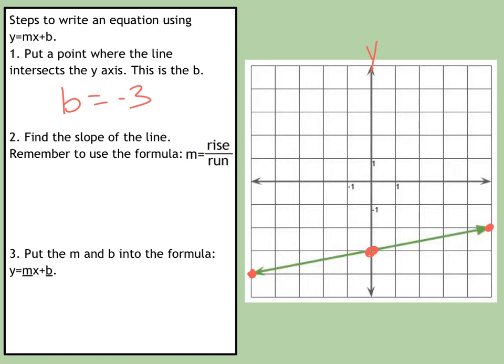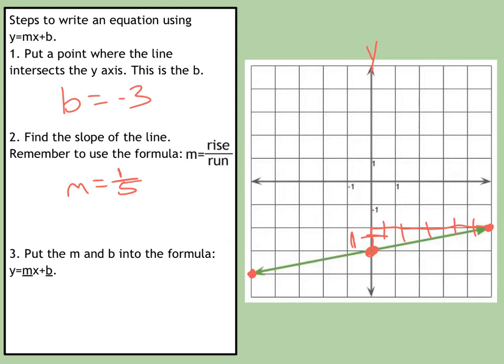So I'm going to draw a right triangle that goes up and to the right, or down and to the right. You want to go up or down first. So it goes up 1, that's the rise. And then the run is 1, 2, 3, 4, 5. So my slope is going to be 1/5.